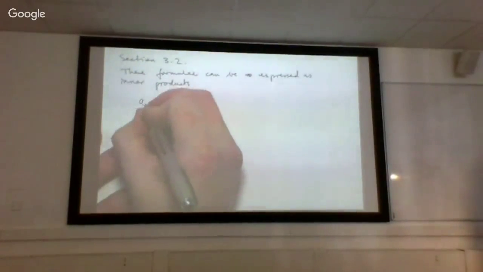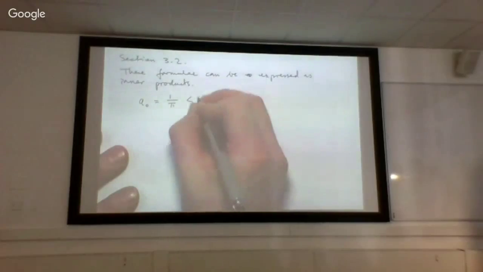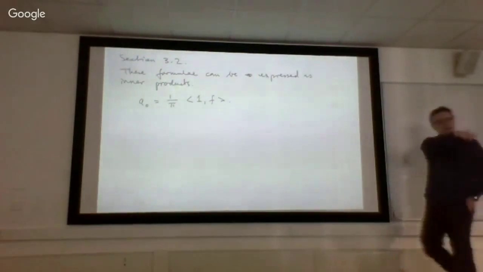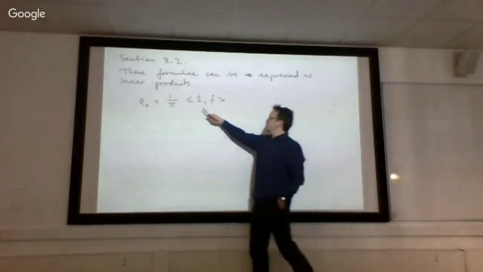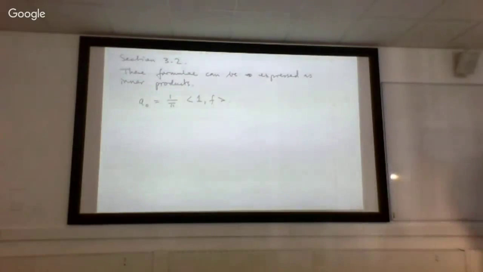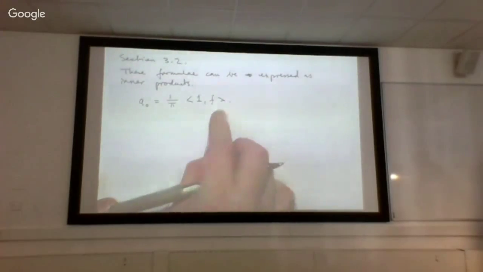So the coefficient a0, you can write that as, so this is another form of that integral formula, but just using the inner product to represent the integral. Because that's how the inner product is defined. It's defined as the integral from minus pi to pi of the product of these two functions.